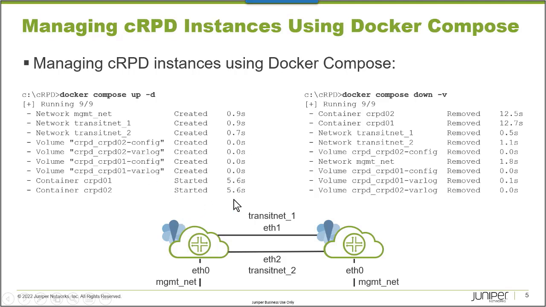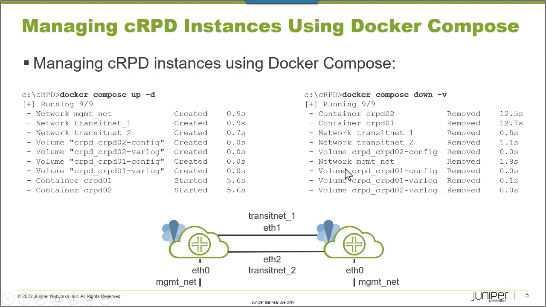So since I have 2 containerized routing protocol daemons, I'm going to create 2 volumes for each instance, and then the containers are launched. It takes a few seconds to actually launch the containers, and then when I'm done, I run the docker compose down and use the -v option to also remove any attached volumes that were created when these containers were launched. So this is launch it, and this is destroy it.